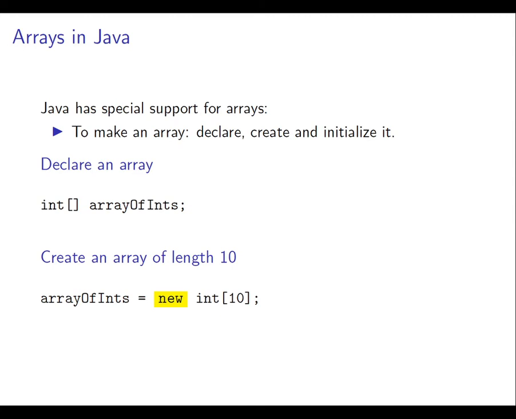So Java has special support for arrays, and the line that we already saw was the line that allows us to declare, create and initialize an array. We declare it using a declaration that doesn't look very different from the declaration of, say, an integer, and it's the square bracket there that tells us that array of ints is not just an integer, but in fact an array of integers.